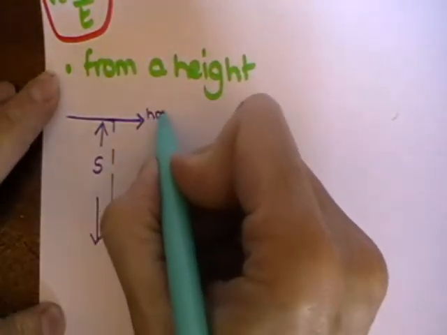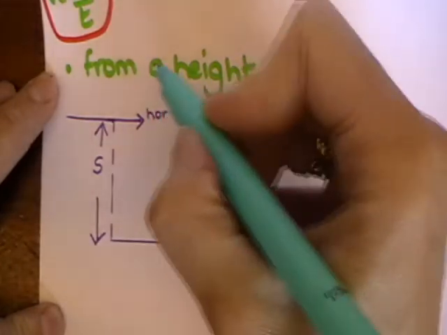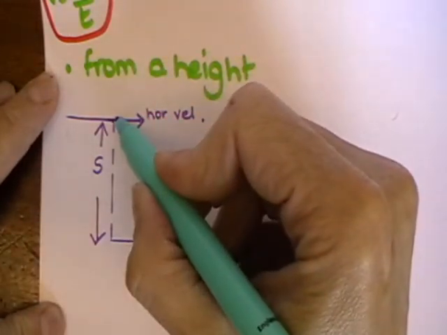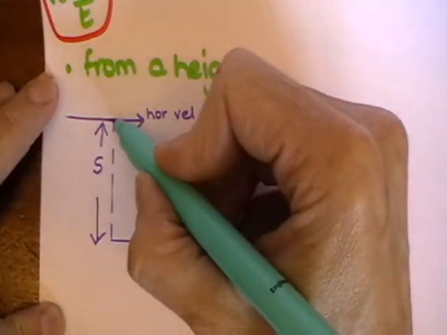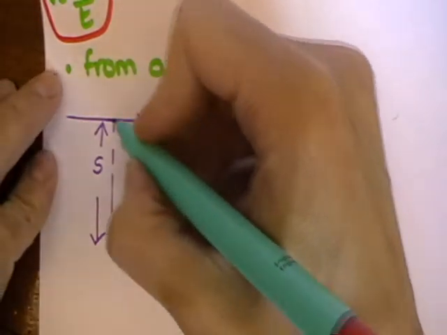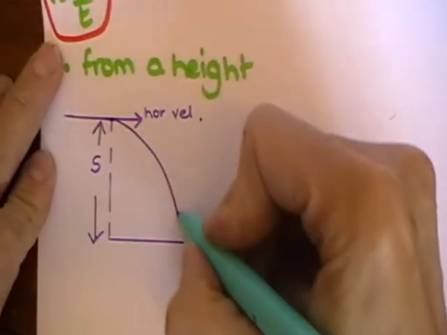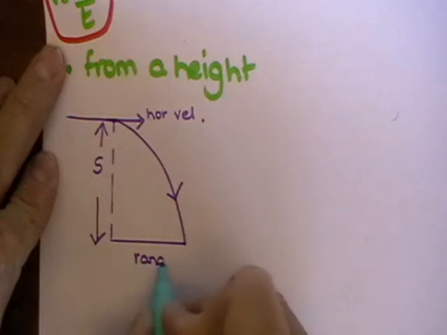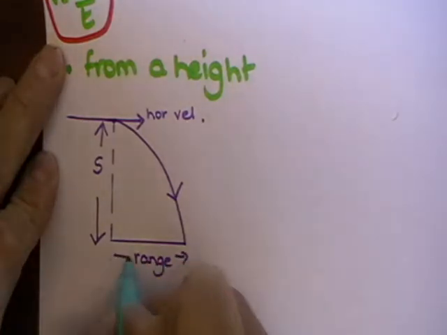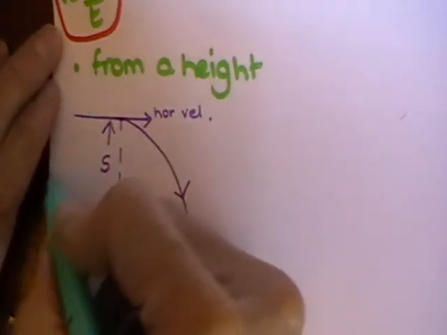So that's a horizontal velocity. And vertically, if you've got something being shot off the side of a cliff, it's starting from rest and it's just dropping as if you were dropping something from rest out of your hand. So there's your horizontal velocity. There's your range now. And of course that's half the range if we had this going the whole way there.